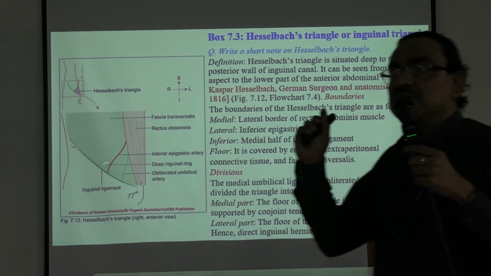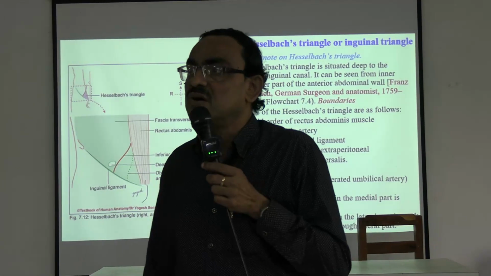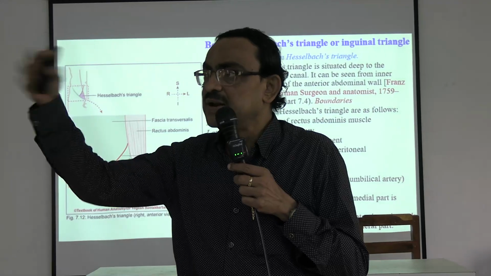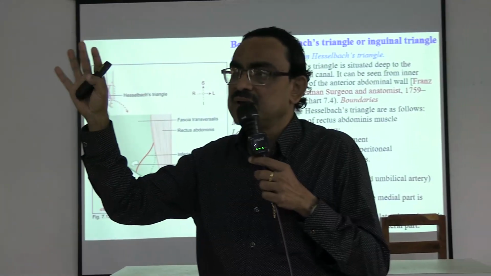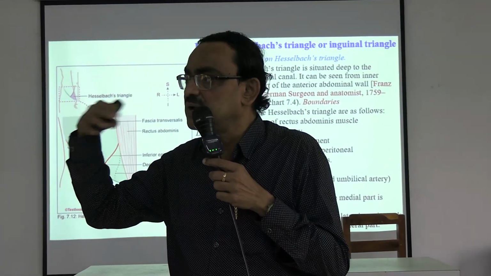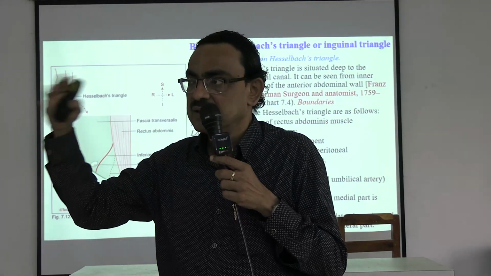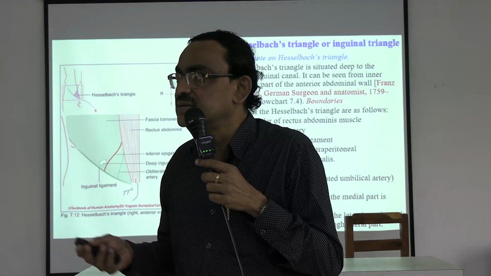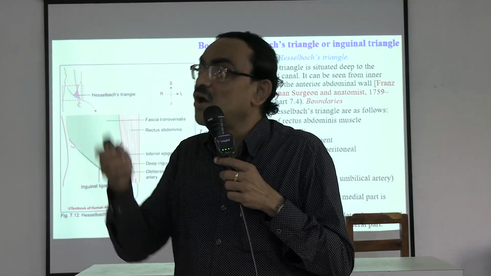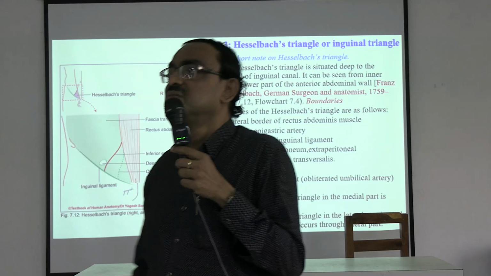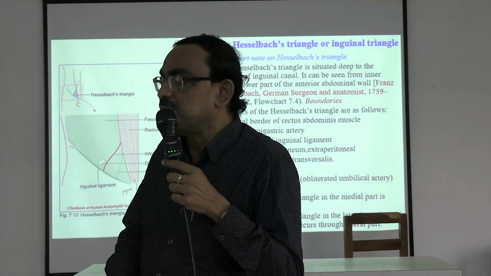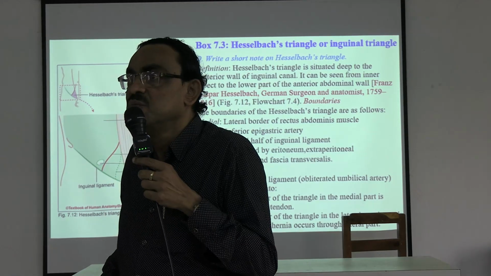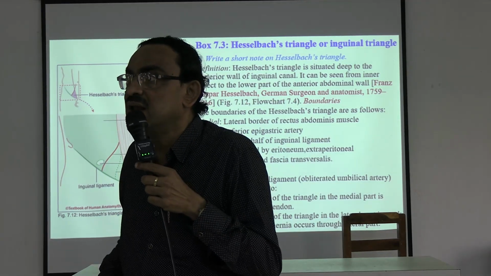Now I told you what are the constituents of the spermatic cord: the testicular artery, in case of male testicular veins, nerves, lymphatics, etc. You will also get another structure, the nerve which is present between the internal oblique and transversus abdominis, which is called the iliohypogastric and ilioinguinal nerve.